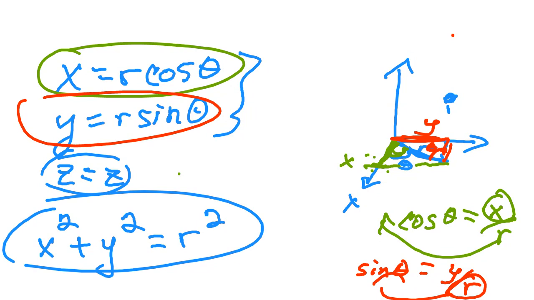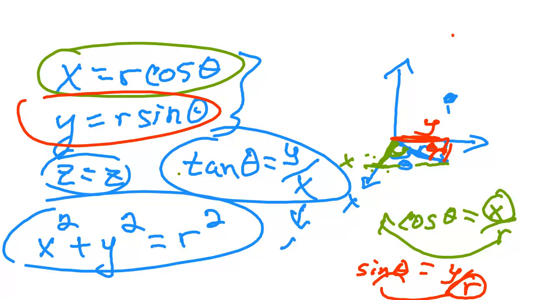And we can also say that the tangent of theta is opposite over adjacent. Well, the opposite of theta is y, and the adjacent side to theta is x. And of course, this is true as long as x doesn't equal 0. So if x doesn't equal 0, we also know that the tangent of theta is y over x. So we have all of these representations in cylindrical, which we were just getting to yesterday.